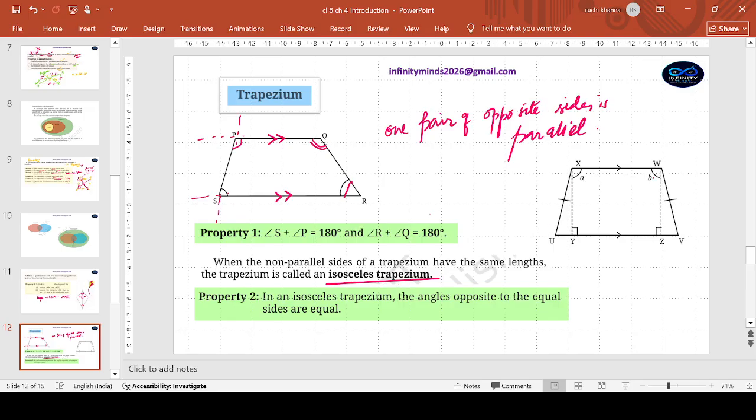Here also two sides are equal. Non-parallel sides equality is called isosceles trapezium. So the next property is regarding isosceles trapezium. This is present only in isosceles trapezium, that the angles opposite to the equal sides are equal. What does it mean? Let's quickly see.